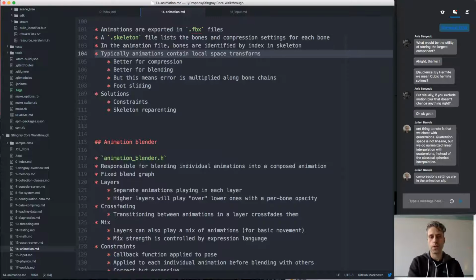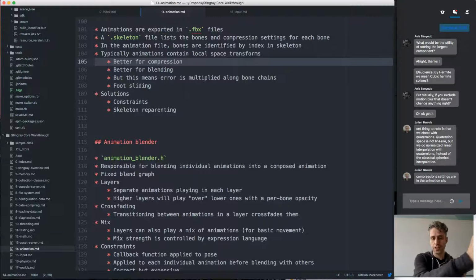We use local space transforms for two reasons. First, they are typically better for compression because they typically have simpler movement. Like the wrist here, when I'm rotating my arm like this, the wrist isn't moving at all in local space. So the wrist has a very simple flat curve.